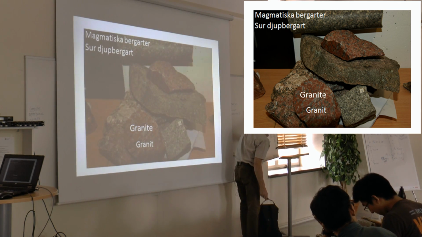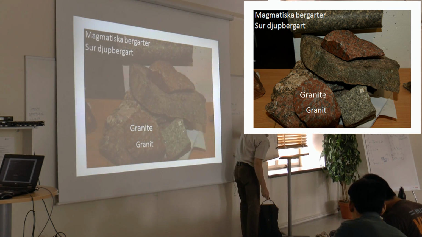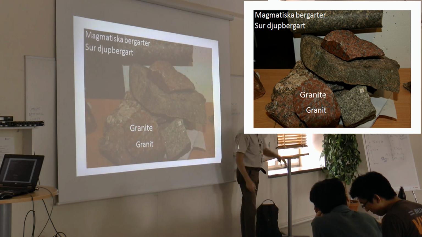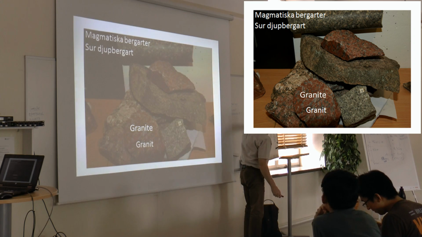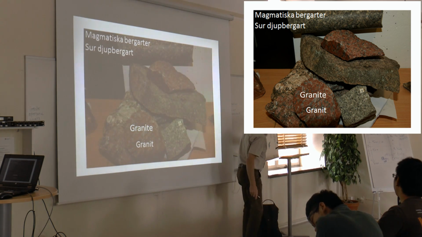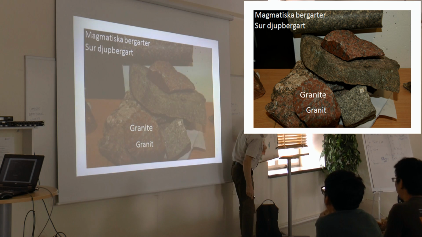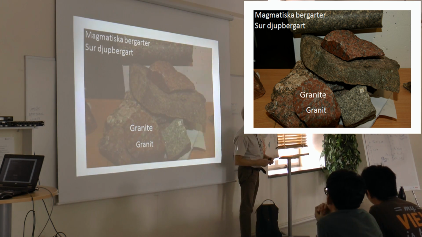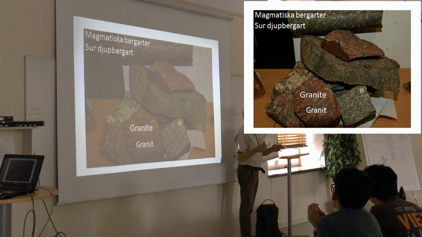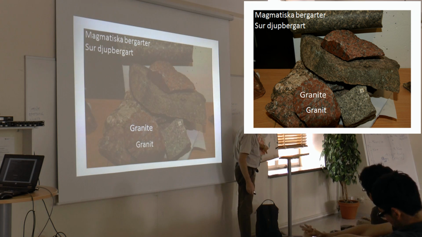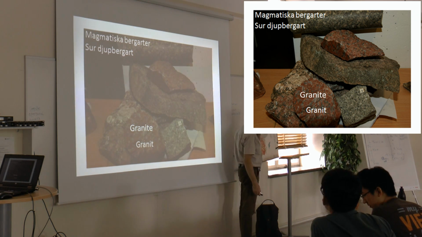But then it's mostly granite, and this brownish is gneiss, and it's a very complex situation. So if they have decided to create a deep deposit here in Oskarshamn, there have been a diorite or granite where you can find it.